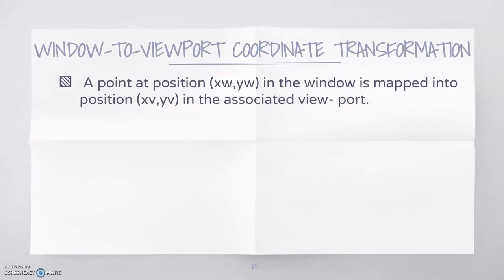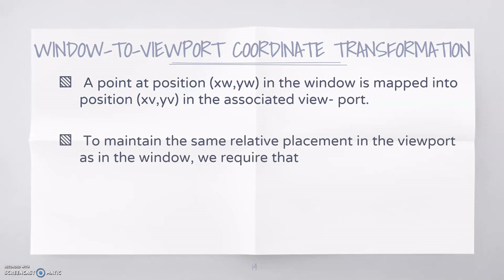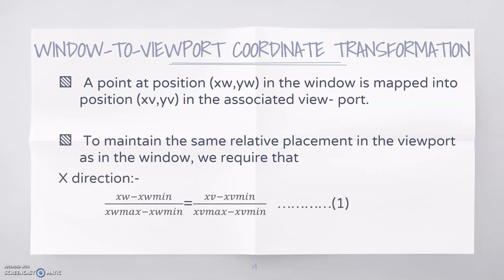A point at position (XW, YW) in the window is mapped into position (XV, YV) in the associated viewport. To maintain the same relative placement in the viewport as in the window, we require that in the X direction, (XW minus XW min) divided by (XW max minus XW min) equals (XV minus XV min) divided by (XV max minus XV min).